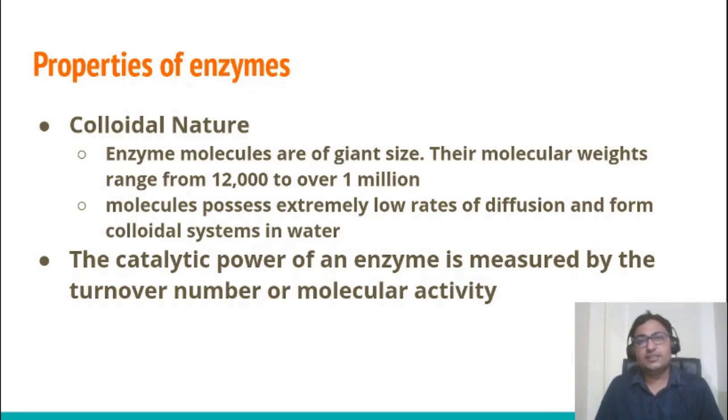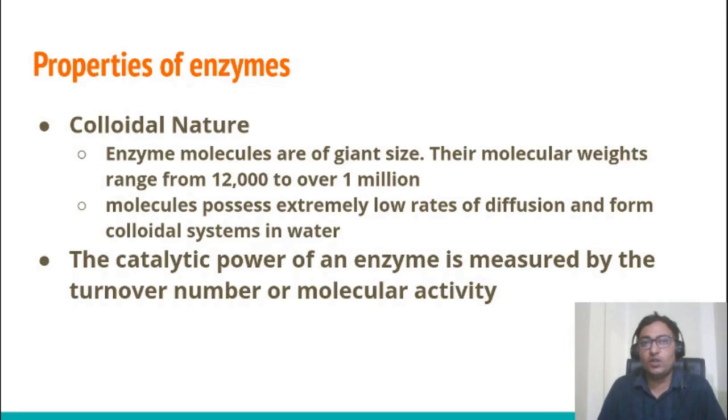Now let's consider the properties of a protein. So the protein has a colloidal nature. Enzymes are giant molecules whose molecular weight may range from 12,000 to over 1 million daltons. So these are colloidal in nature, that means they diffuse at a very slow rate.